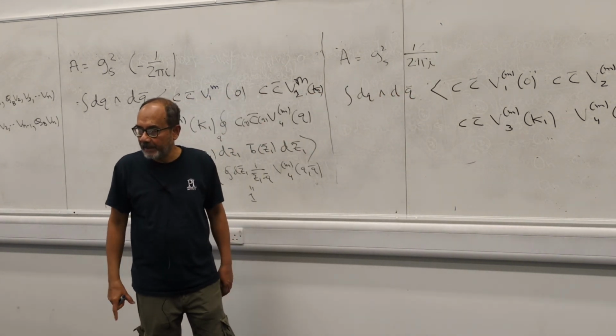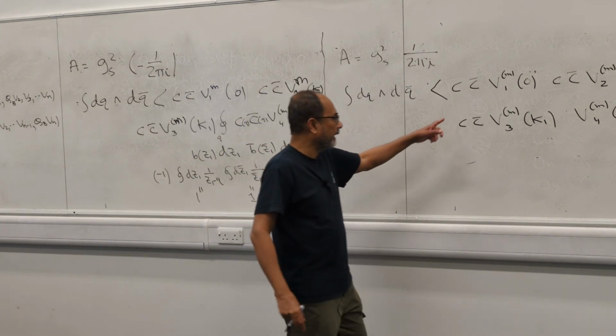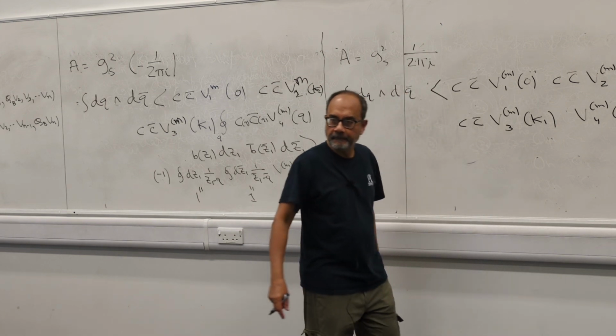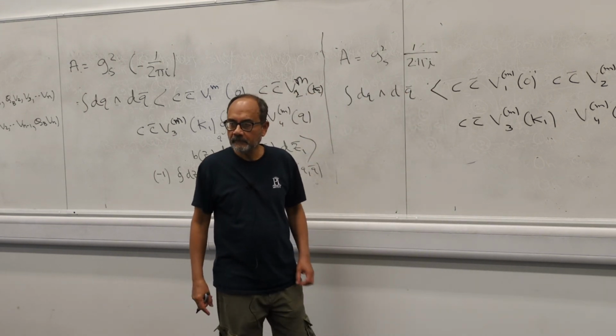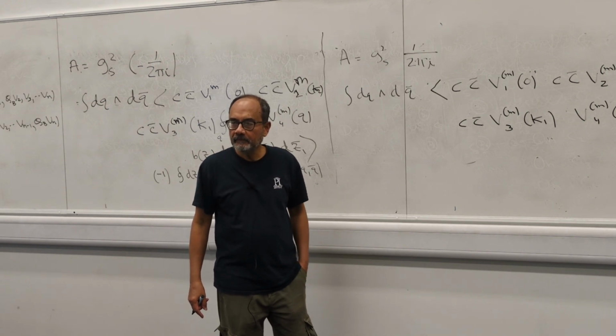We fix 3 vertex operators and integrate over the 4th one, okay? And you put C and C bar at the positions of the 3 vertex operators. Is this okay?